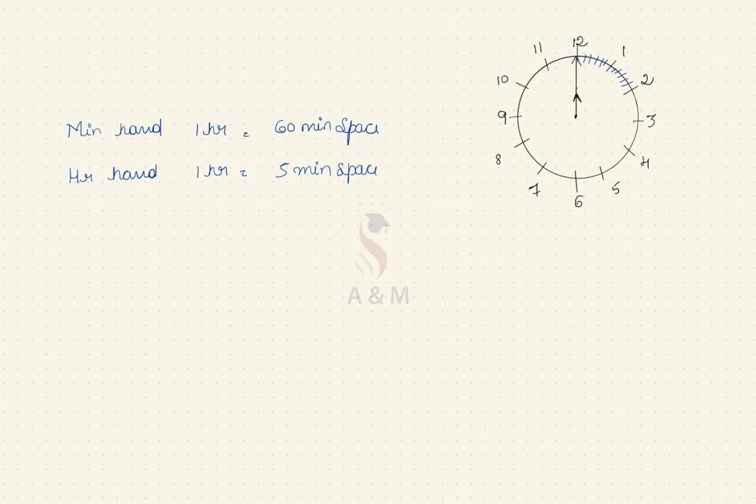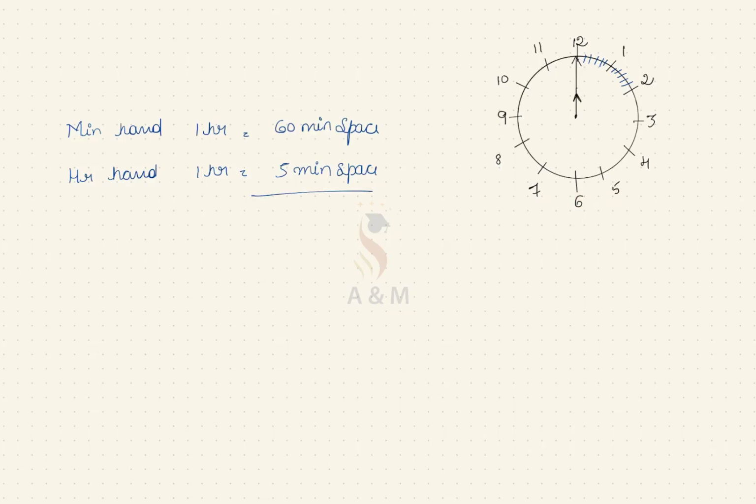Therefore your hour hand, in order to come from one position to another, that is from 12 o'clock to 1 o'clock, takes 5 spaces. Likewise from 1 to 2 also it takes 5 spaces. Likewise from 5 to 6 also it takes 5 spaces, right? So it is nothing but 5 spaces. 1 hour is equal to 5 spaces.